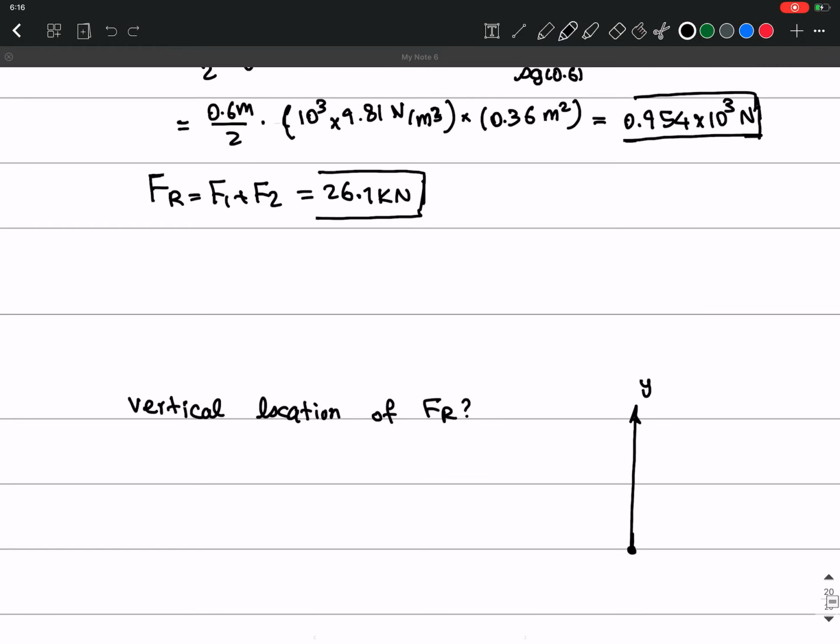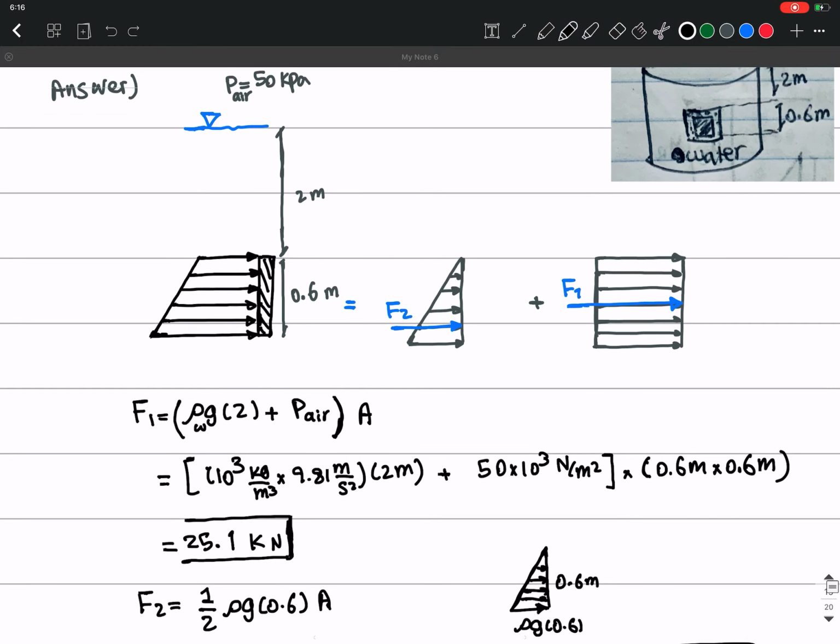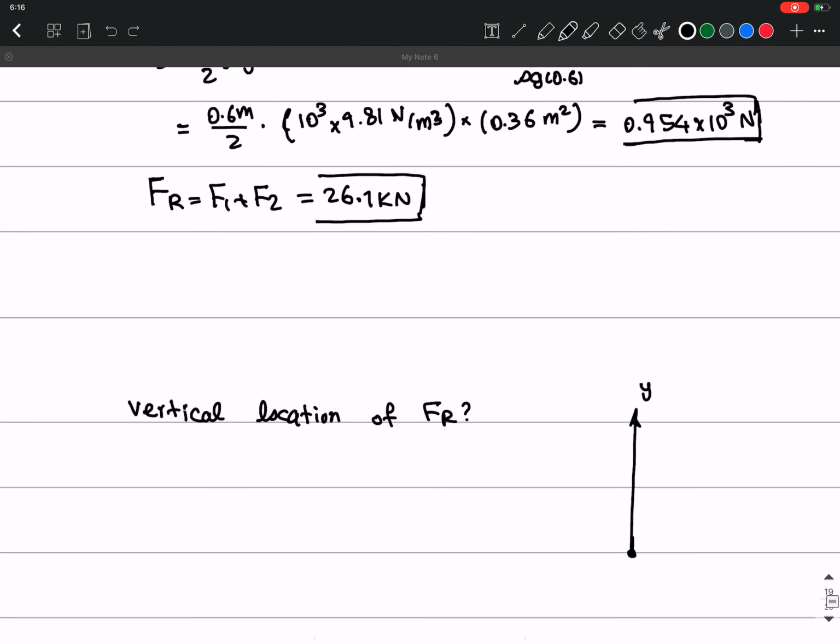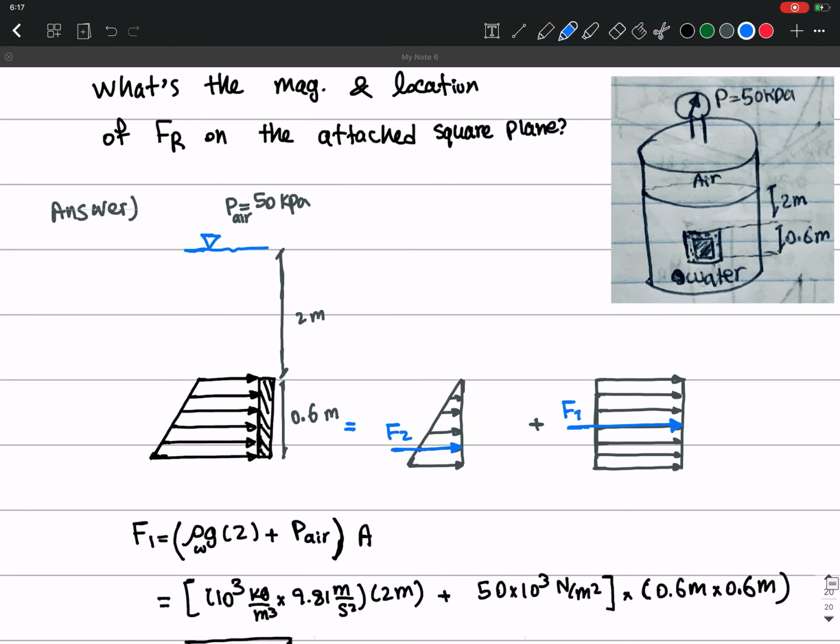So we have two forces that are acting here. One is F1, which acts where? This force acts in the middle, right? So it's going to be 0.3 meters.